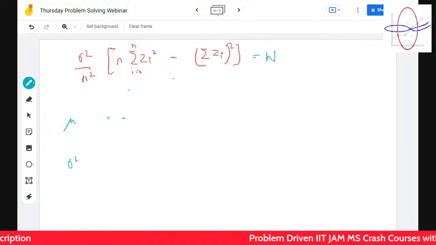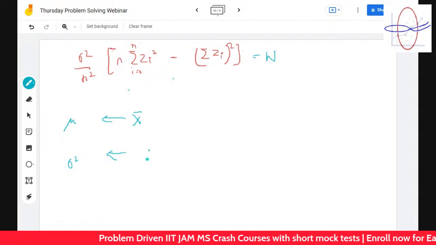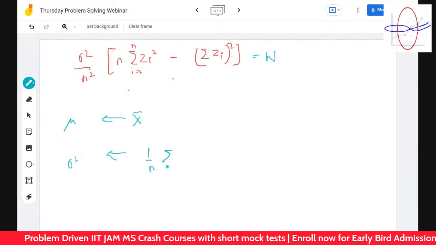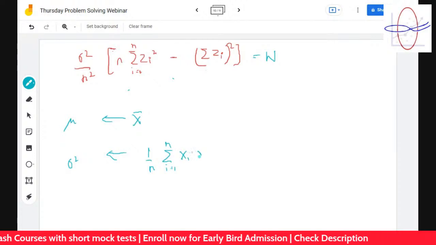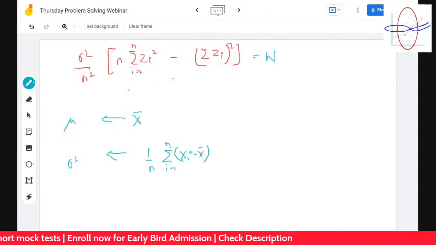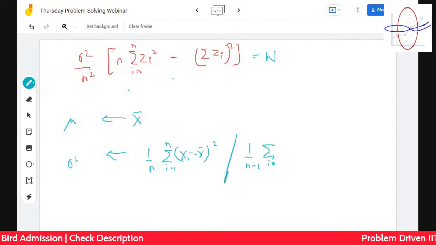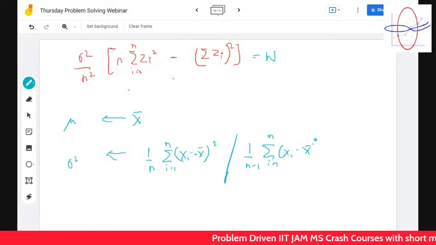So X bar is consistent, and the ML estimator with 1 by n is consistent. This is also consistent, or with 1 by n minus 1 is also consistent. Whatever it is, it is consistent, okay? So you know this, right?